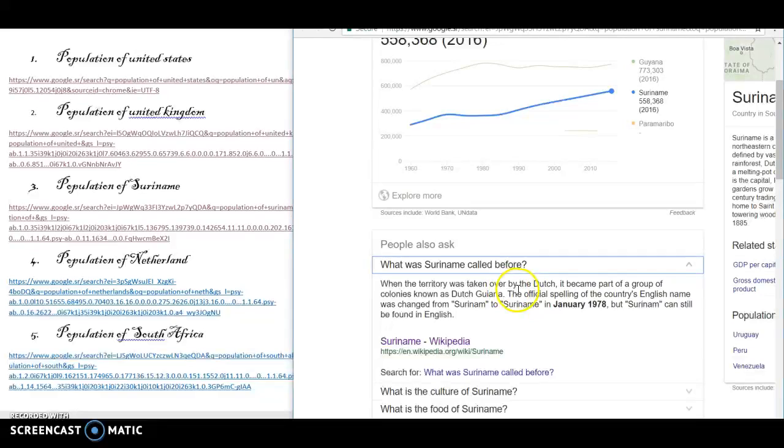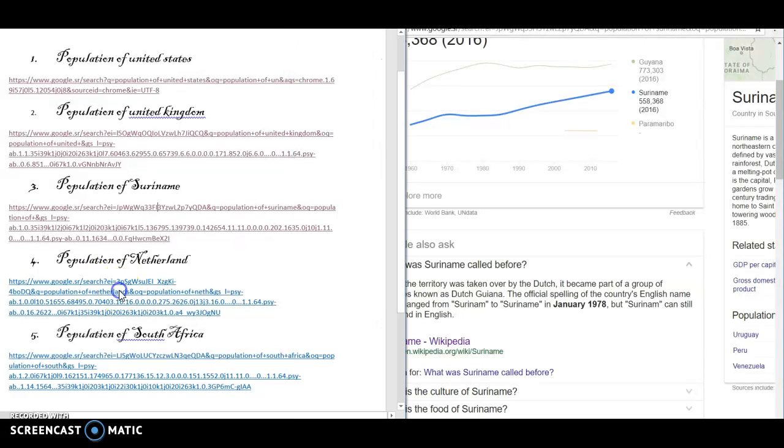Territory was taken from the Dutch. It became part of a group of colonies as Dutch Guyana. You had 3 Guyanas: French Guyana, Guyana, and Suriname. The 3 Guyanas, because they are our neighbor countries. Guyana, French Guyana, and Suriname is in the middle. We have delicious food in Suriname.